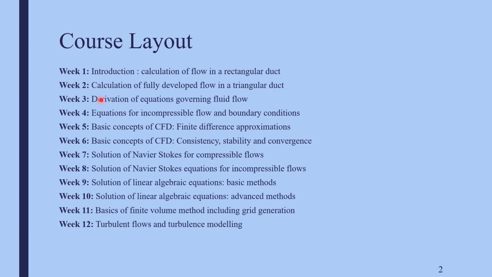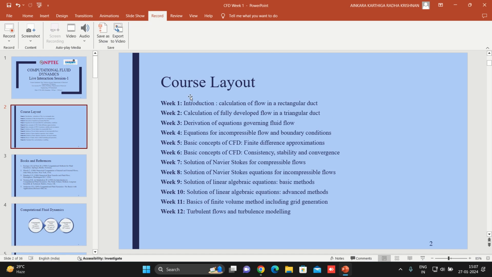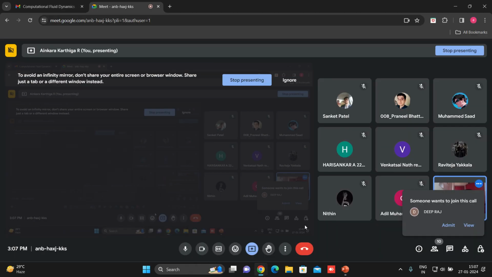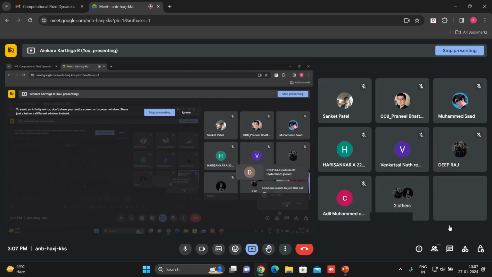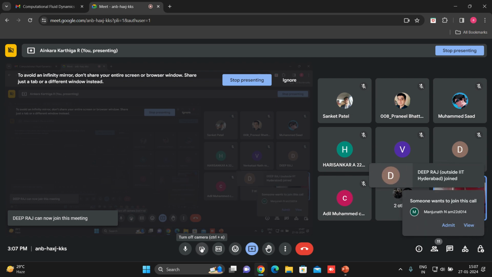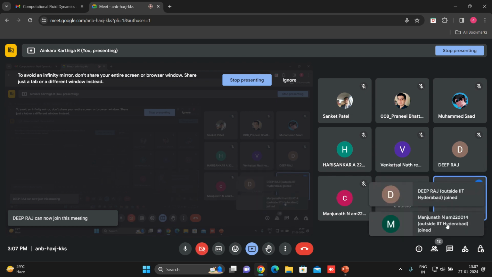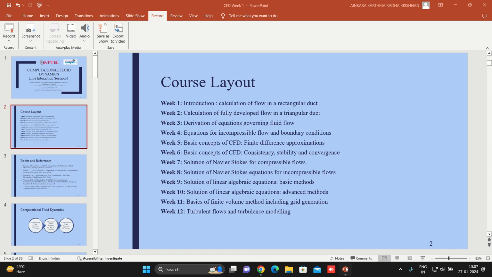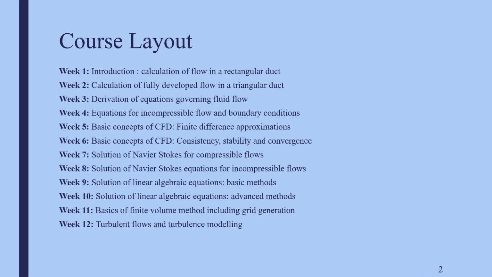In week 3 it is the derivation of equations governing fluid flow: what are all the equations we would be using in CFD, and how we are deriving them.